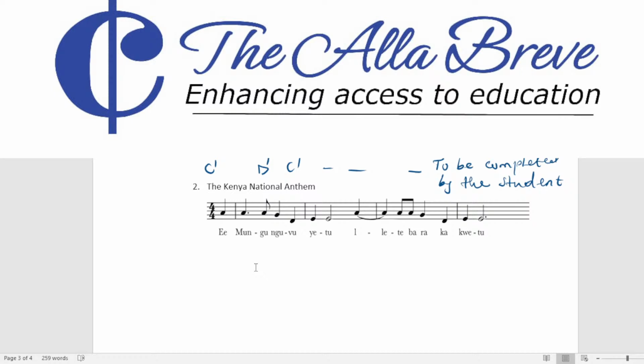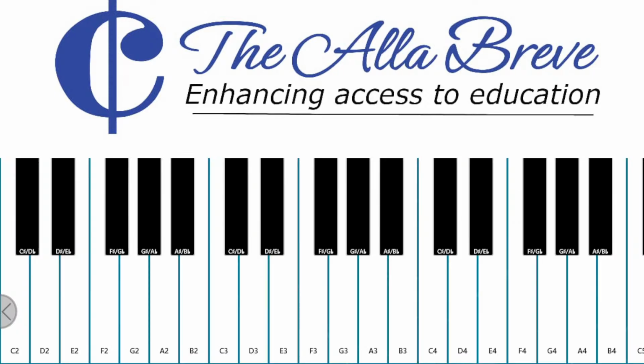I want to believe that you are able to hear. Now, being written in the key of G, the melody specifically starts on note A. And this is how it is sounding. Good.